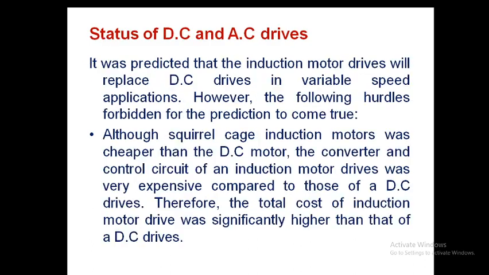Next one is status of DC and AC drives. The status of AC and DC drives is generally in the textbooks. It was mentioned long back. Now many advances have come, but at that time the status of AC and DC drives was that it was predicted that induction motor drives would replace DC drives in variable speed applications.